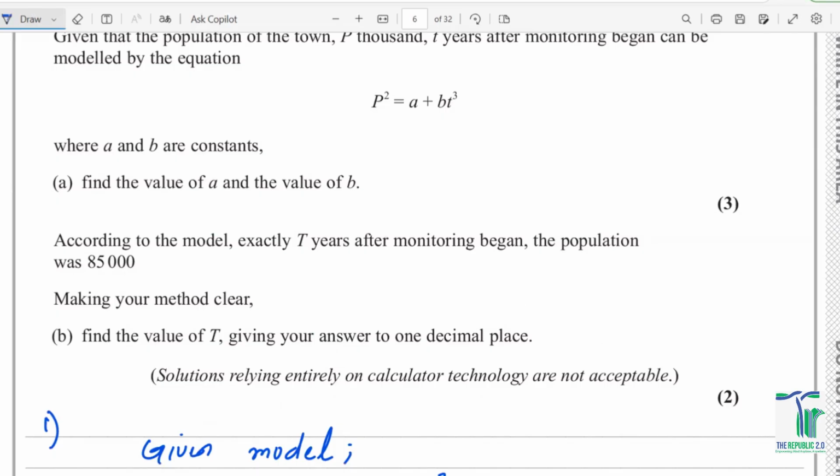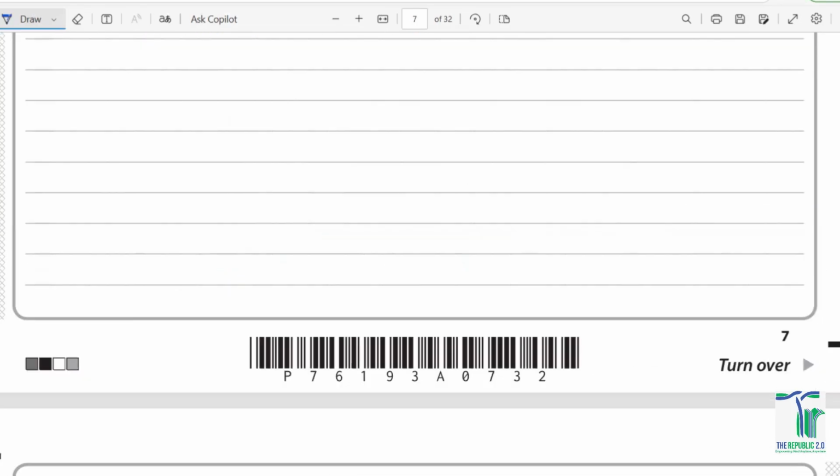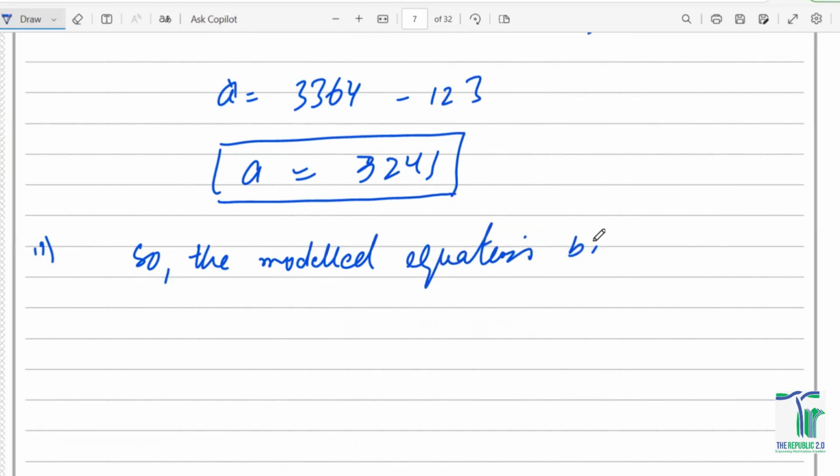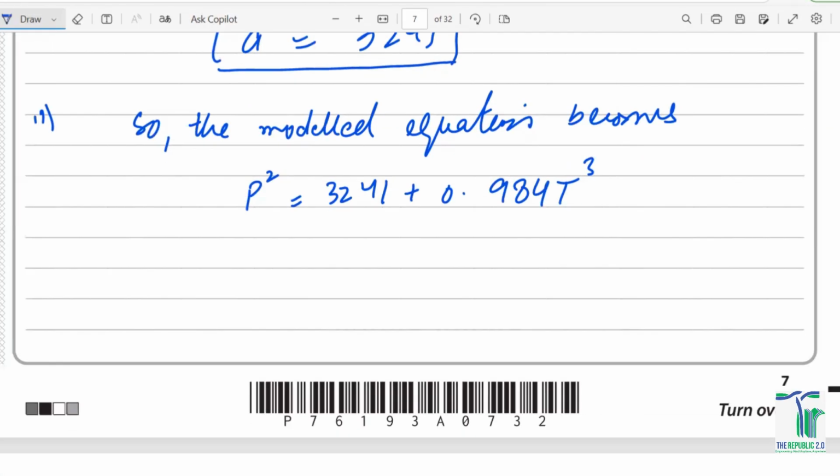So we just need to find out T. Now in the second part, the modeled equation becomes P squared equals 3241 plus 0.984 T cubed. And we were supposed to calculate the time when the P was 85,000, which was basically 85.